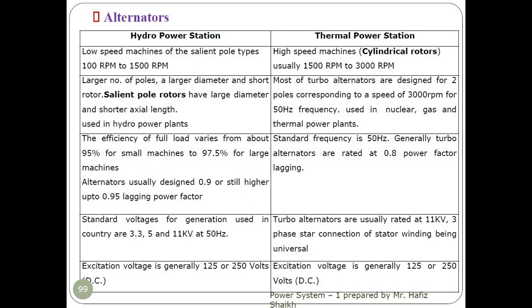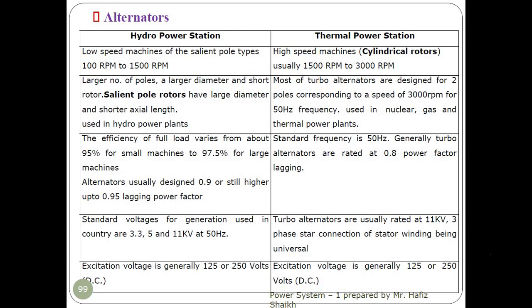So alternators used in the following thermal power plants, generating power plants, there are two columns. First is hydropower station, second one is thermal power station. Low speed machines of the salient pole types, 100 rpm to 1500 rpm, are used in hydropower station, whereas in thermal power station high speed machines like cylindrical rotors, usually 1500 rpm to 3000 rpm, are used.